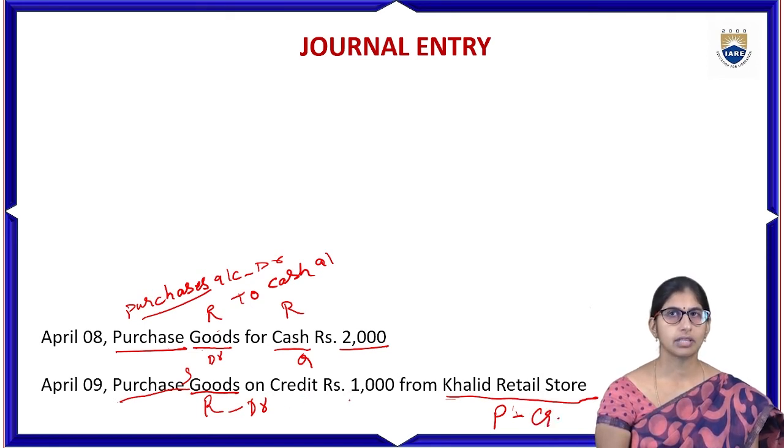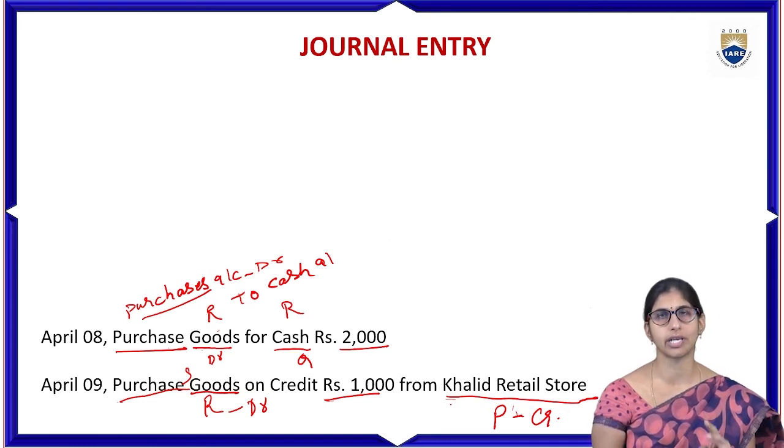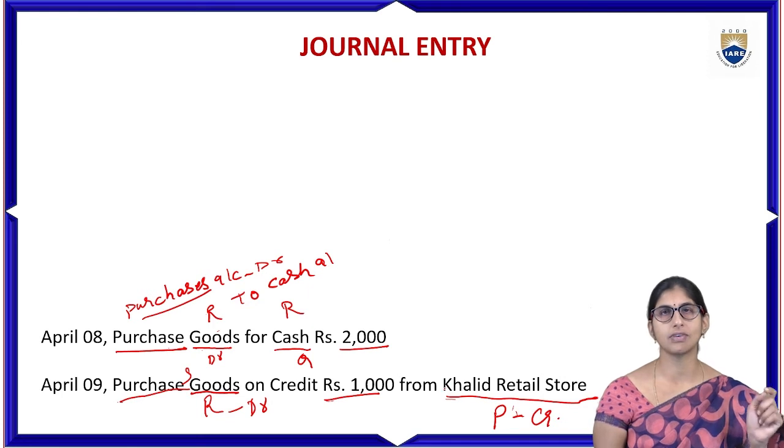So here the amount of worth of goods whatever we have purchased is for 1000, right? So here there is no cash transaction. We'll have two types of transactions all the time. One is cash transaction, the other one is credit transaction. If it is cash transaction, we are going to write it as cash transaction only. We'll write the entry as cash.